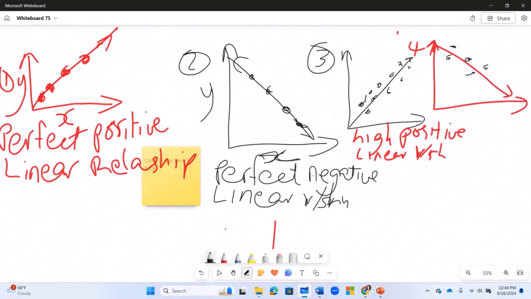You can actually eyeball the scatter plot and see that the line of best fit has a negative slope. So in this case, this is X, this is Y. Remember that X is the explanatory variable, Y is the response variable. That's what we call it in this section.